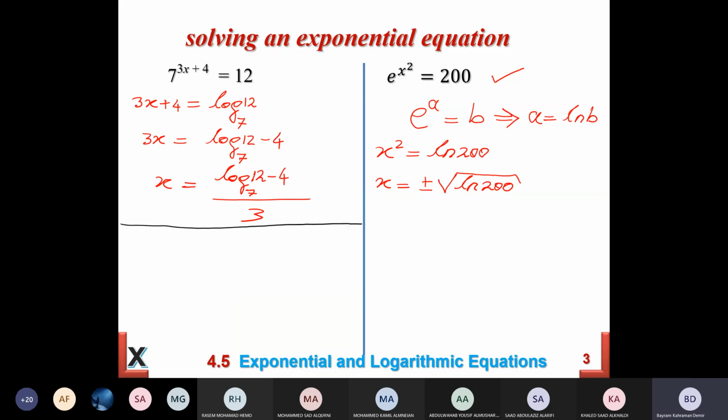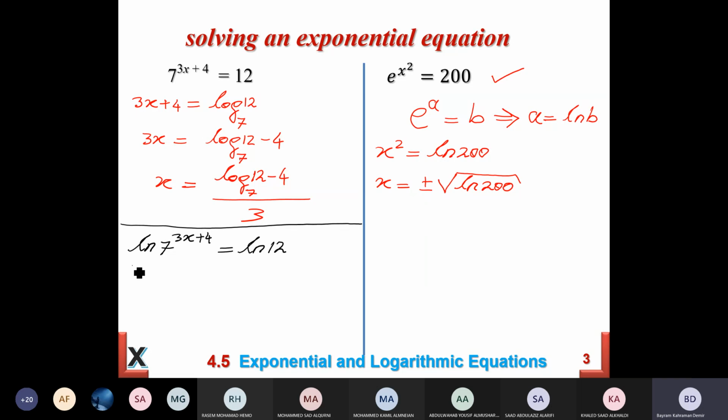Let me separate it. So we have ln of 7 to the power of 3x plus 4, or ln or logarithm, whatever you like. Since ln is easy to type for me, I'm just going to keep writing ln.